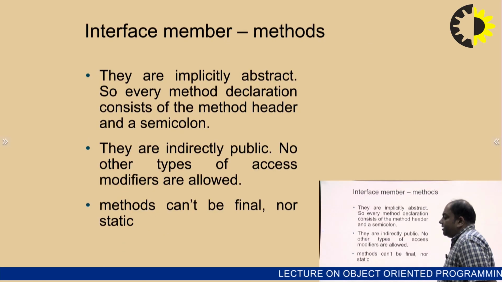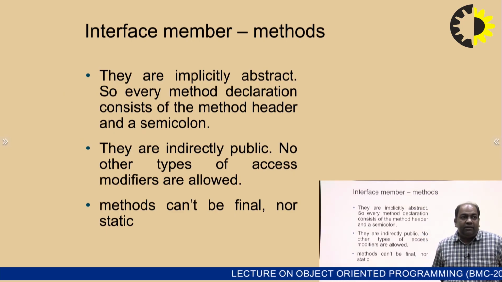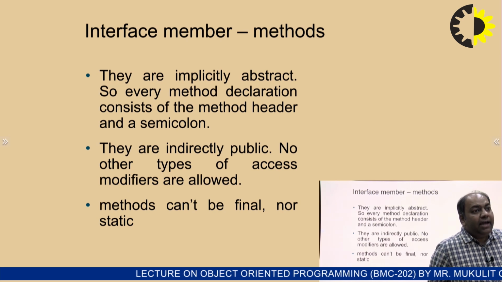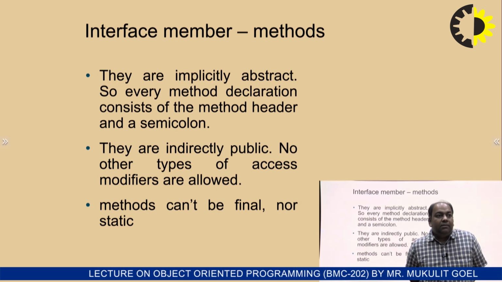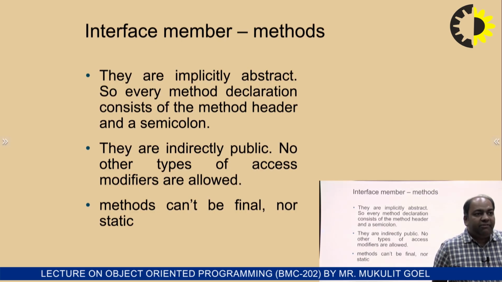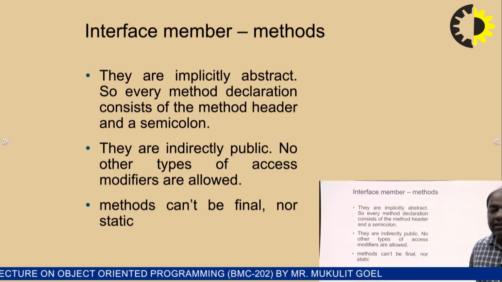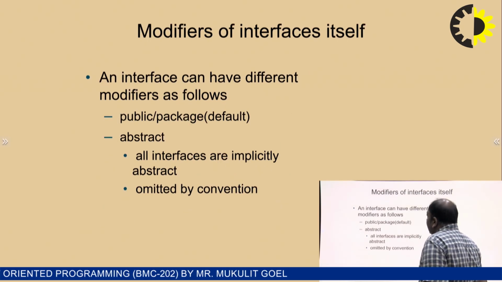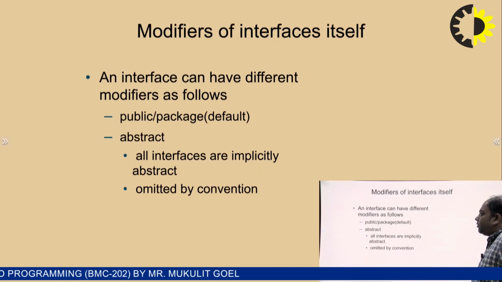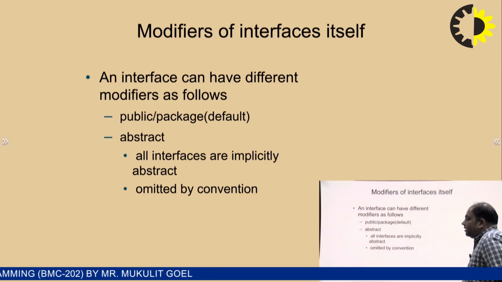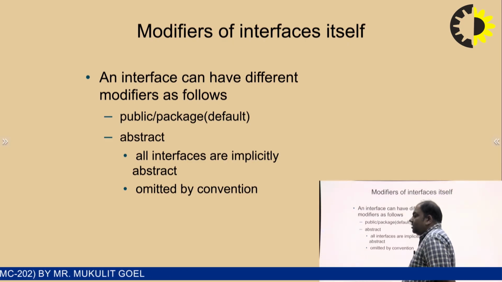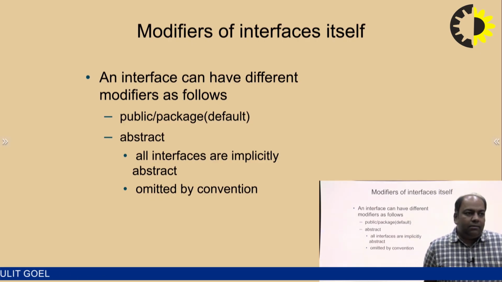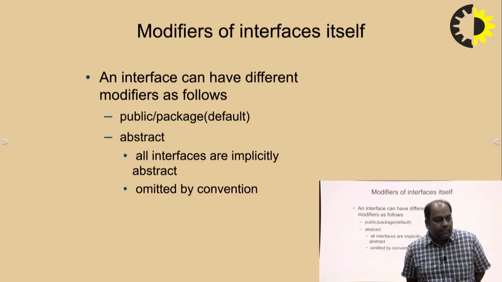If we like to define methods in the interface, then they are implicitly abstract. They are implicitly public. No other type of access modifiers are allowed, and a method cannot be final or static, which I have stated earlier also.